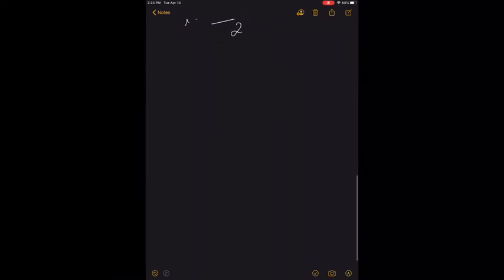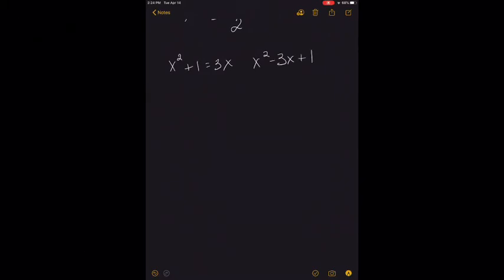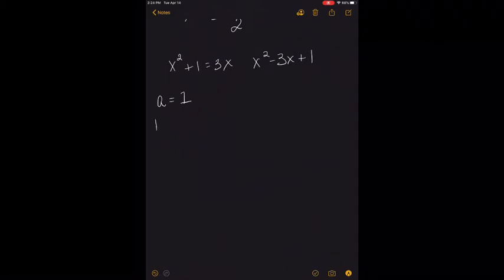Let's do one more of those as an example. x squared plus 1 equals 3x. So we need to bring that over, and we get x squared minus 3x plus 1. What is our a?